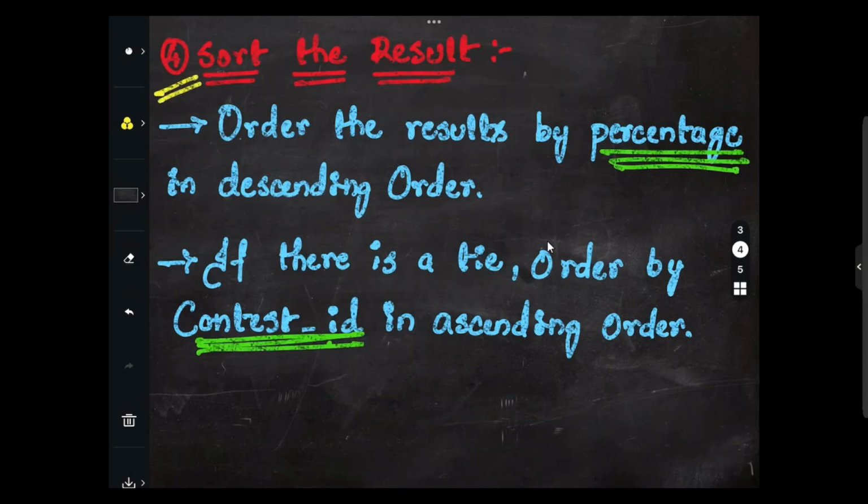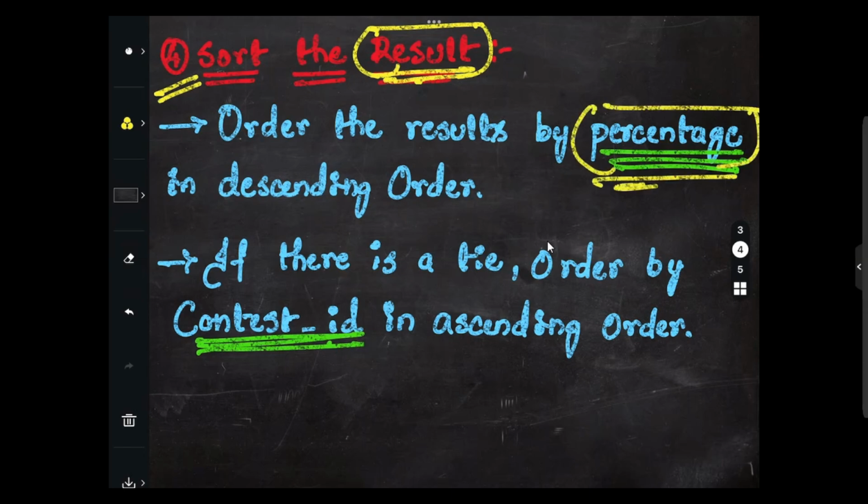Let's move on with the fourth step. We will sort the result here. Based on the result, if we have the same number, we have to sort them in ascending order based on the contest ID. We will be making use of the order by clause, as you have already guessed.